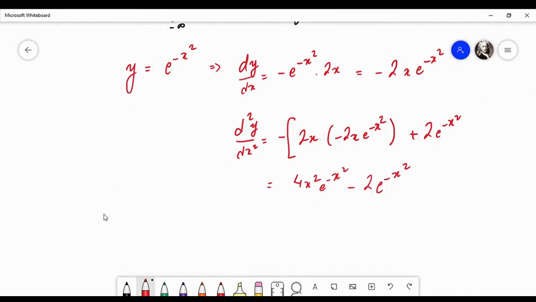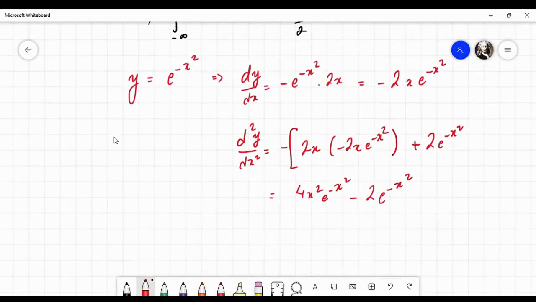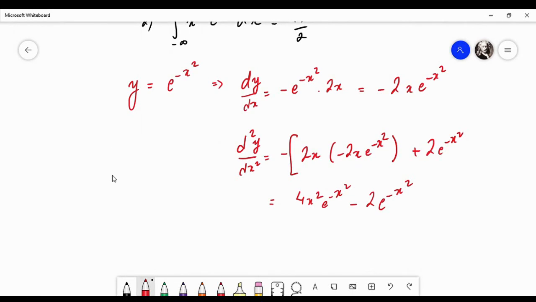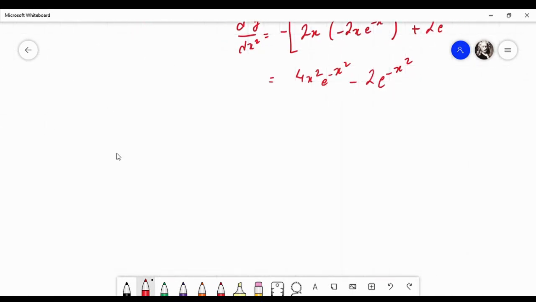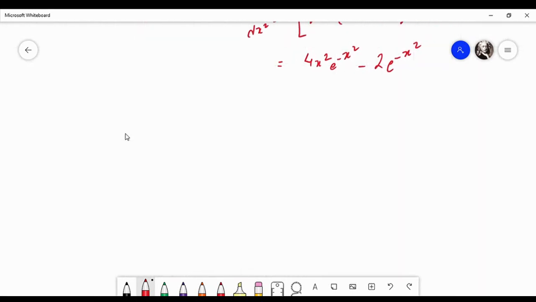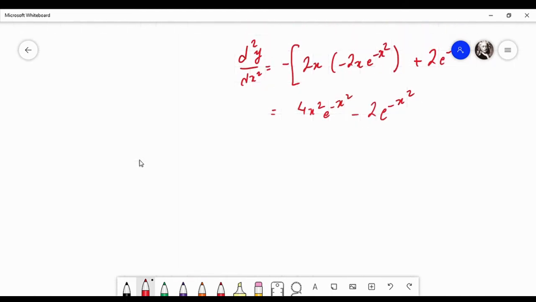Now you might be questioning, are we integrating at all, right? You'll see in a minute that when we integrate both sides. Let me show you the thing that we had here. I can write this as d2y by dx2.